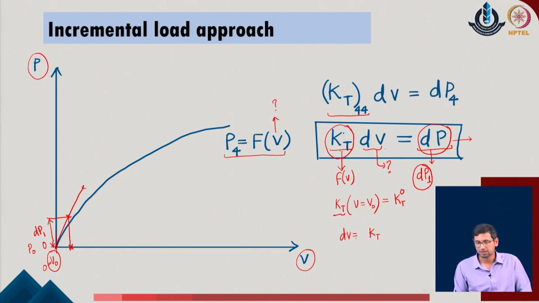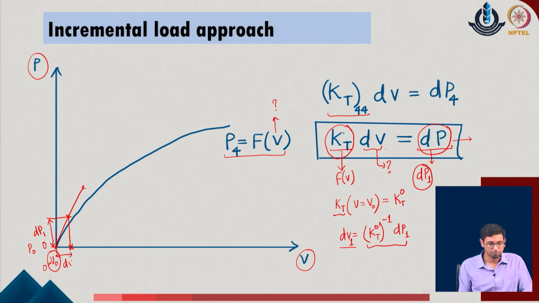So, I am writing it as d of V1 because it is the first increment, equal to kT of 0 inverse into d of p1 in the given system. As I do this analysis, I will get the first increment value in the given system, and I will call that value dV1. In fact, as we are doing the first increment or the 0th increment in the system, I will better call this increment dV0.